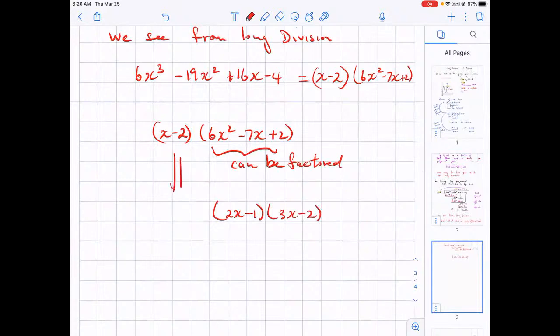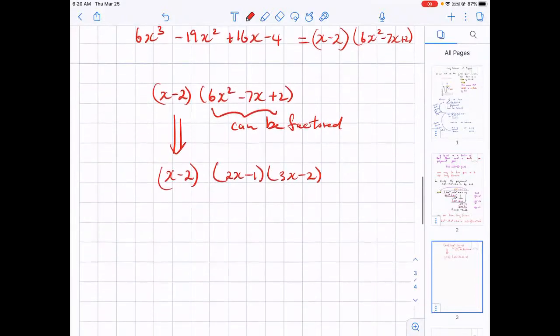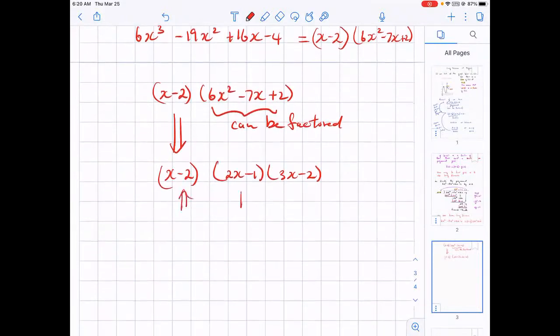And if we bring this down, this becomes x minus 2. So these here are your factors, okay? Each one of these is a factor.